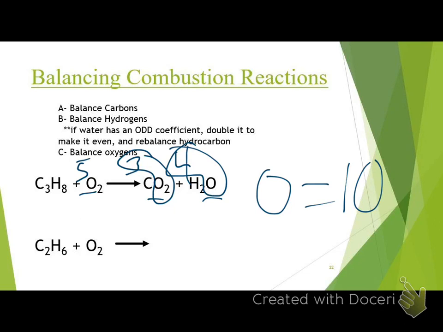Why in the world does it make sense to balance your oxygens last? It's by itself. If I can figure out that this is balanced with that, and that's balanced, remember the strategy was to balance your singletons last.